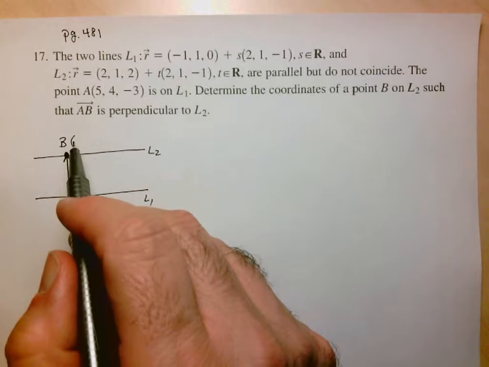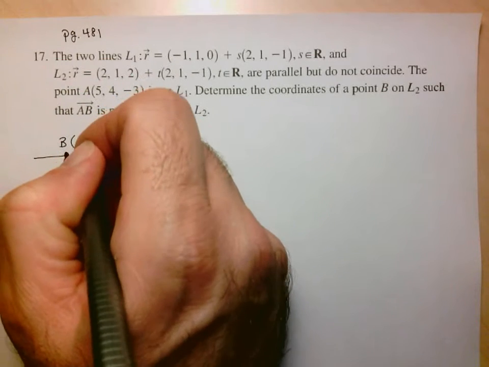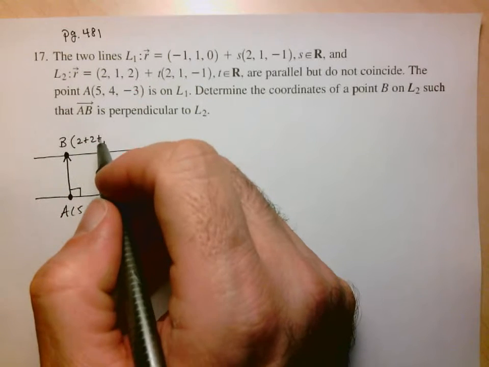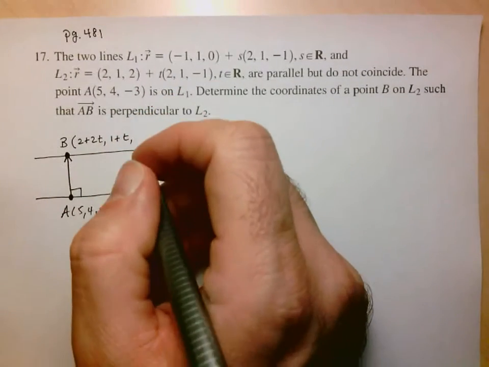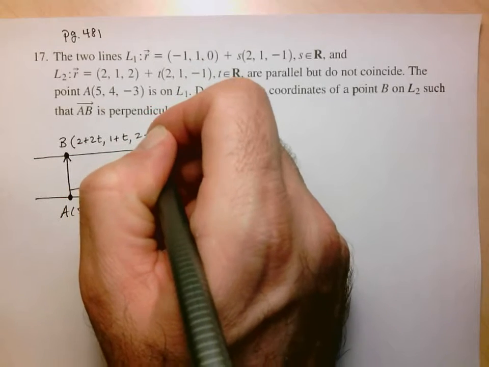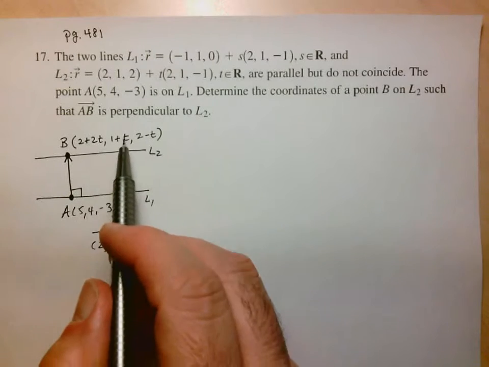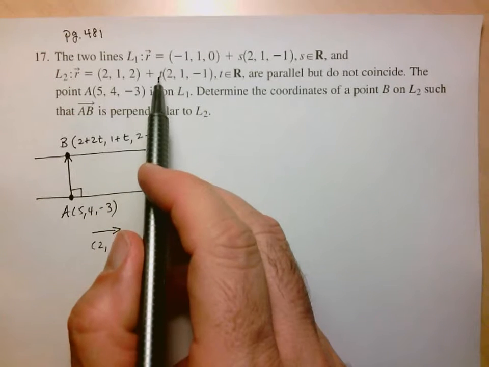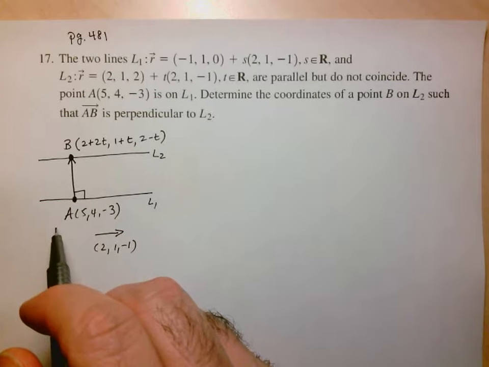The x component of point B is 2 plus 2t, the y component is 1 plus t, and the z component is 2 minus t, for some t value. This is helpful because it takes the three unknowns x, y, and z and turns it into only one unknown, because that one value of t determines the x, y, and z coordinates.